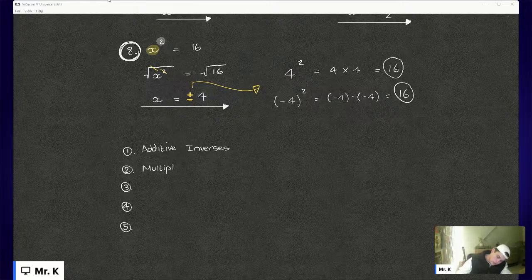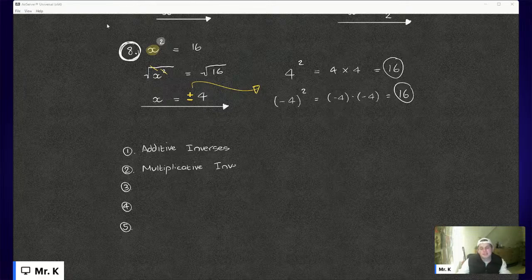We can deal with most fractions by applying multiplicative inverses, right? When we have values being multiplied to our variable or values that are dividing our variable, we use multiplicative inverses.